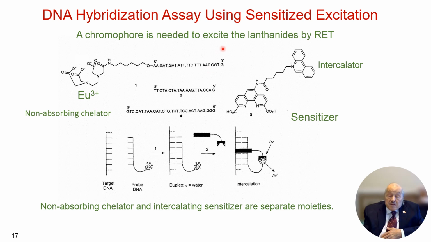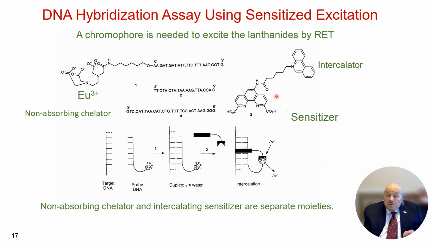And I like this example of using lanthanides to measure DNA hybridization. The way it was done in this case is the chelator was put on one strand. So here you have your europium, which will be fluorescent in solution. But then you want to measure the hybridization.